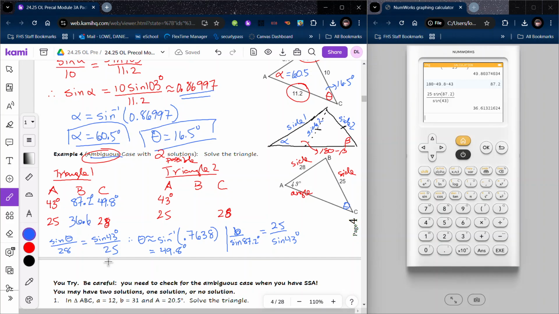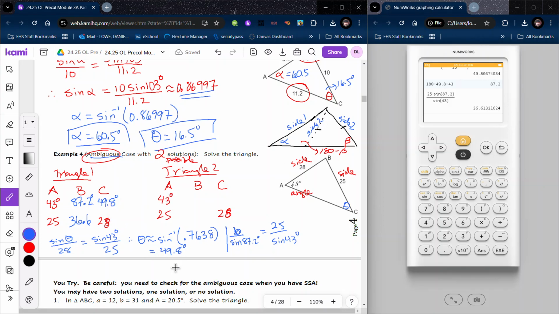And notice that the largest angle has the longest side. But I have a second triangle possible because of the relationship. So I have to find the supplementary angle to the angle that I found.